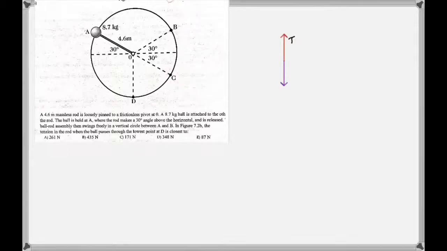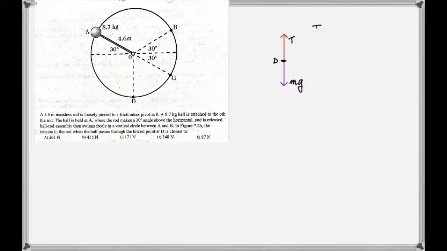At the lowest point, when you draw the free body diagram, you have two forces acting. One is the tension acting up through the rod, and the other is the weight of the object. So that's what is shown here, the tension acting up and the weight acting down. And since this is moving in a circular path, the net force must be equal to the centripetal force.